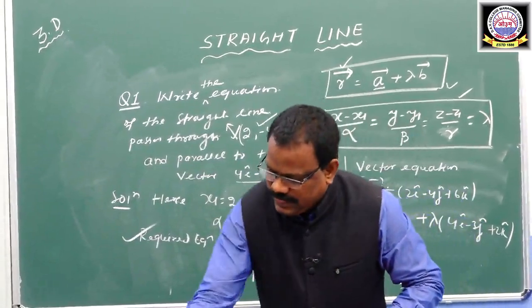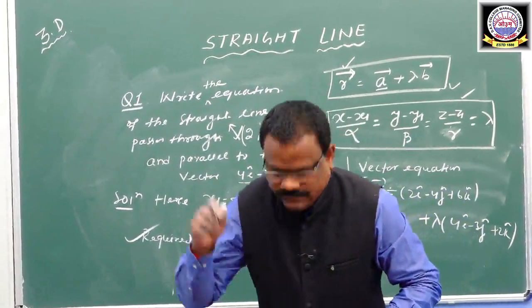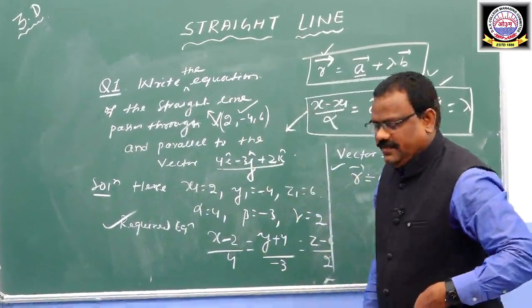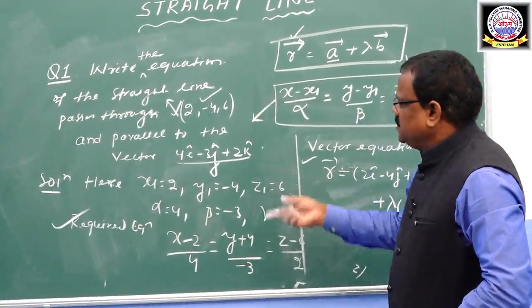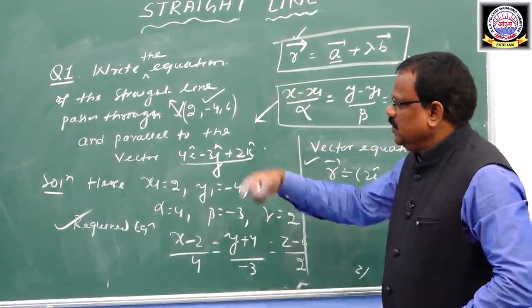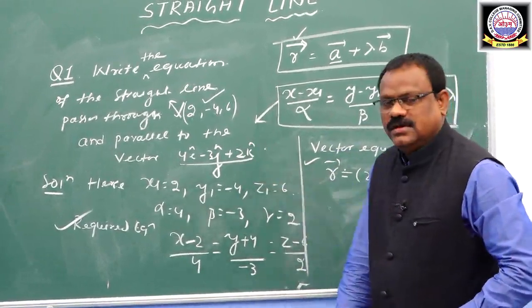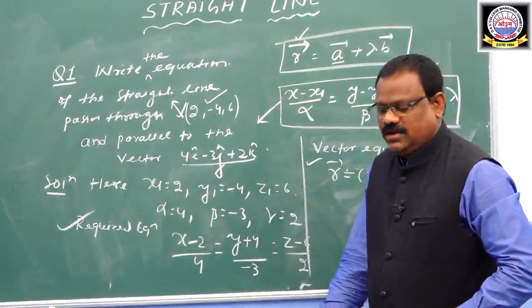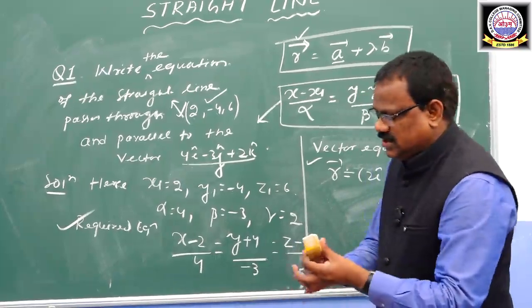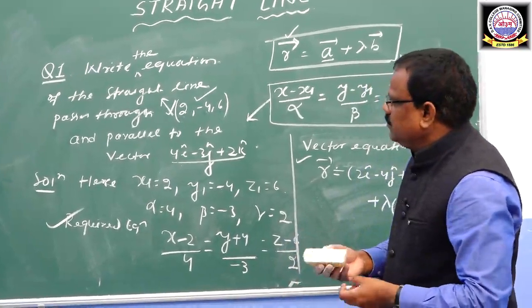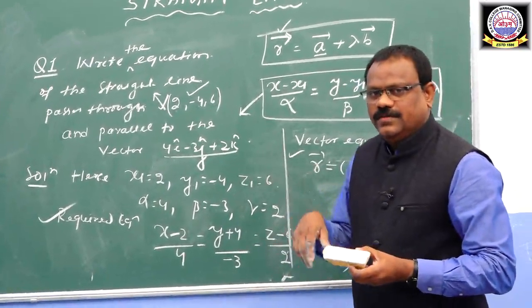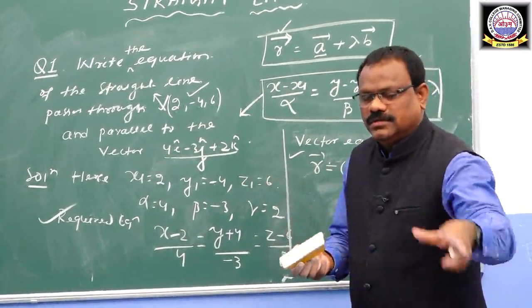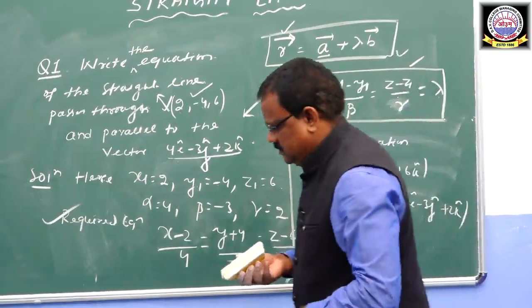Write down carefully, quickly. Then we will go for the second type of question. This first type is a fundamental question. The second type is what I told earlier, conversion: if the Cartesian form is given, how to convert it to vector form, and if the vector form is given, how to convert it to Cartesian form. Ready?